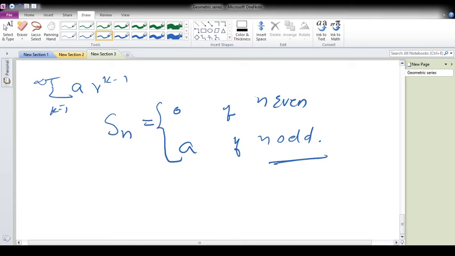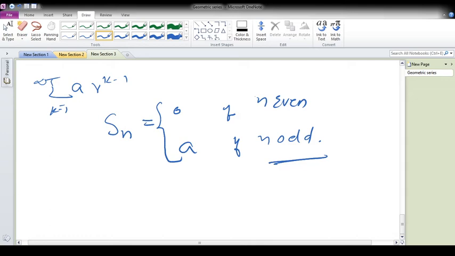So we can conclude the geometric series is divergent in the case of r equal to plus or minus 1. Okay. Next we can check the others.